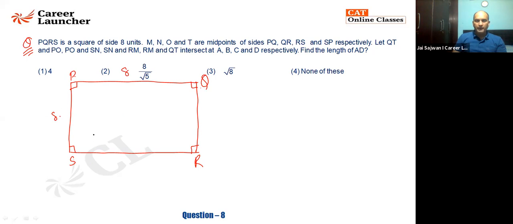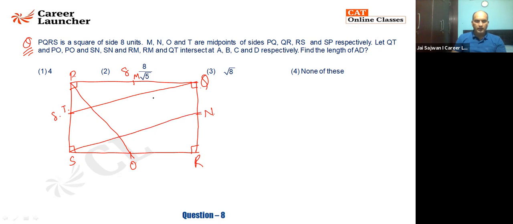M, N, O and T are midpoints of PQ, QR, RS, and SP. Let QT, PO, SN, and RM.